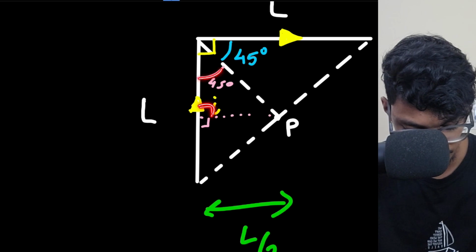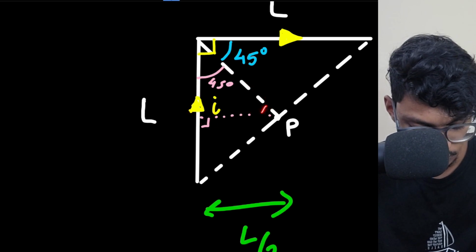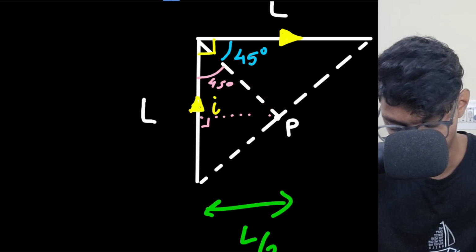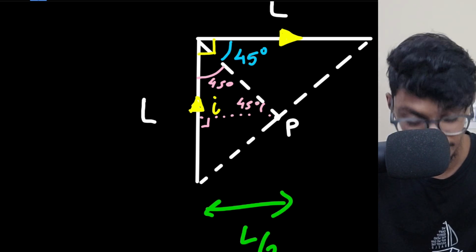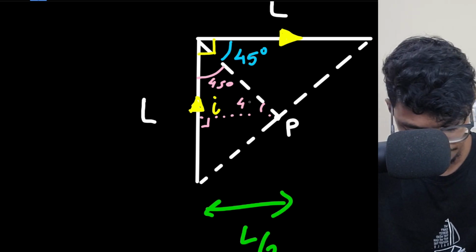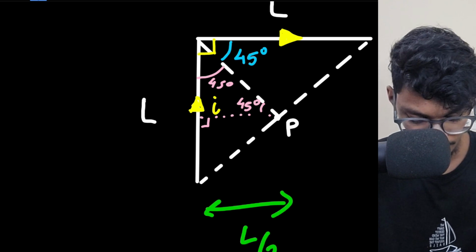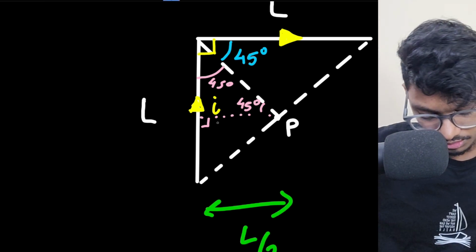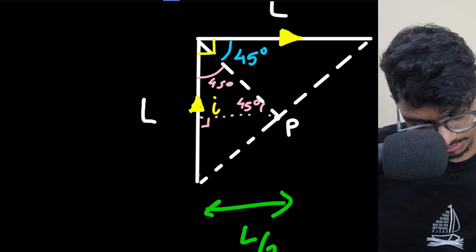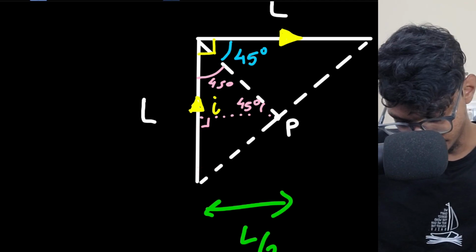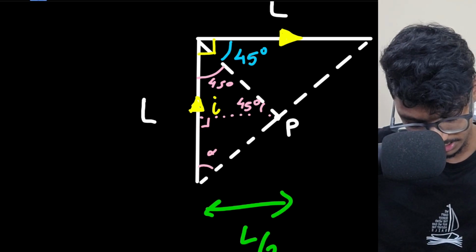If this has a 90, this is 45, this is a triangle, so this has to be 45 because the sum of all the angles is simply 180, right? So now this is 90 and this, let's say, is some angle alpha.